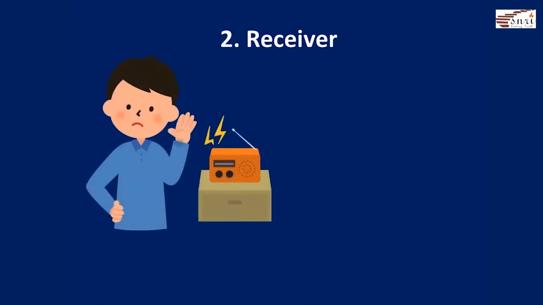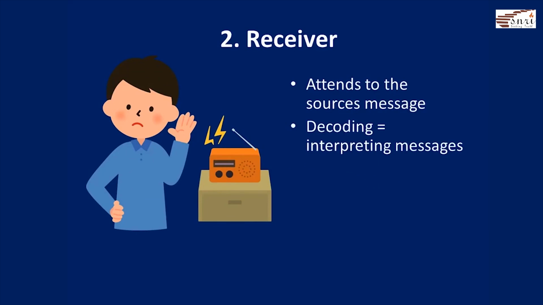Now, the next element that we come to is the receiver. As you can understand by the term, the receiver refers to the person who attends to the source's message. Now, the act of interpreting messages is called decoding. So, as we said, the sender encodes the message.